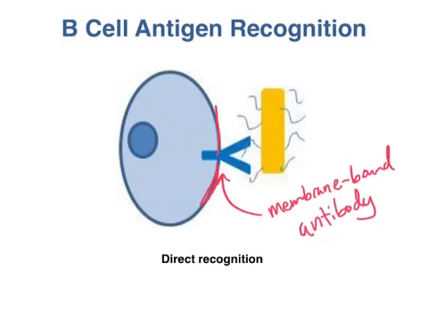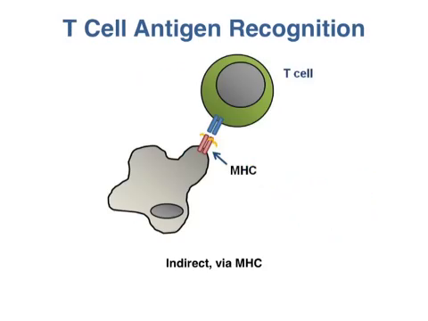You could take B cells and mix them in with bacteria in a test tube, and the B cell would bind the bacteria. T cell antigen recognition is very different. You've got the T cell receptor there. It's that little blue protein.